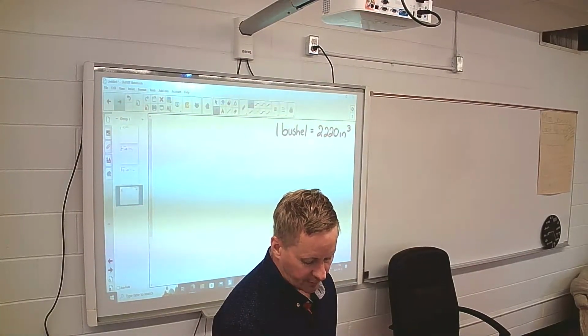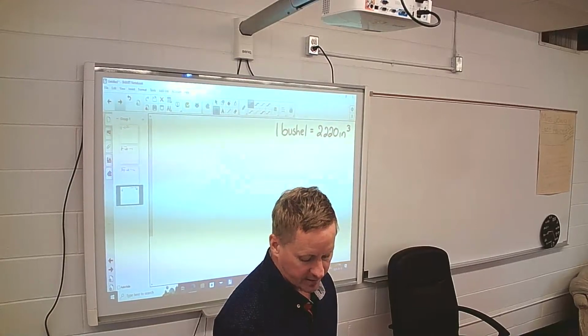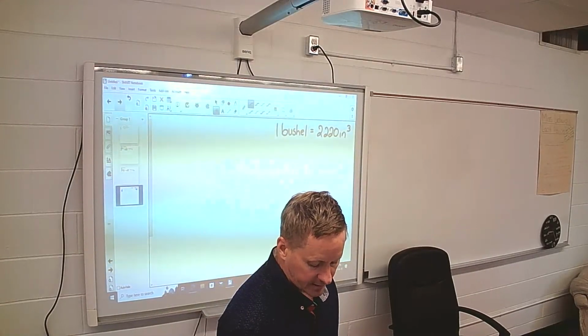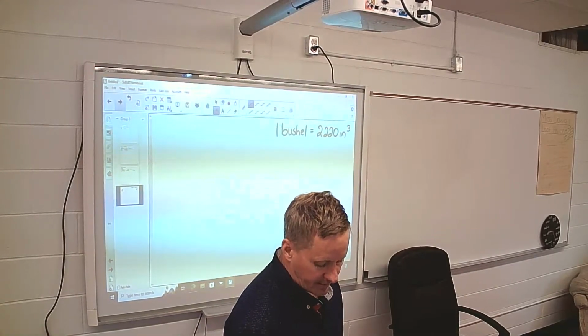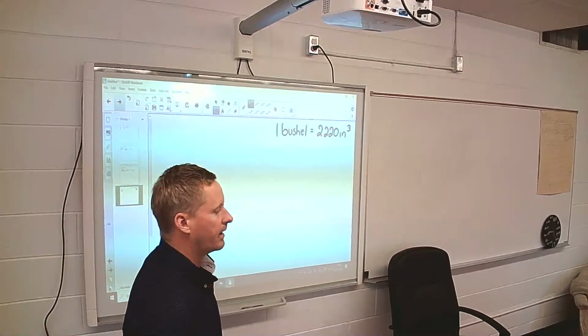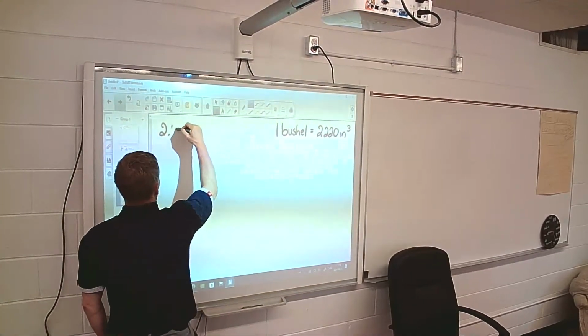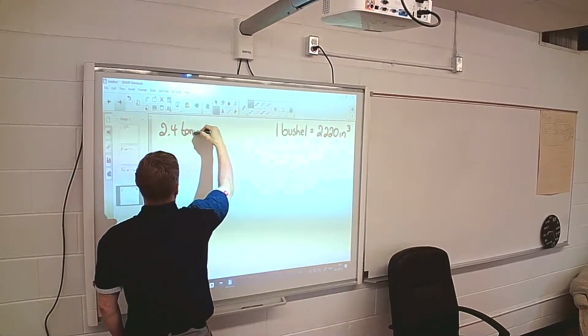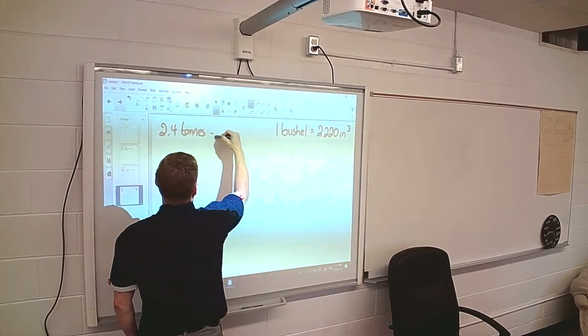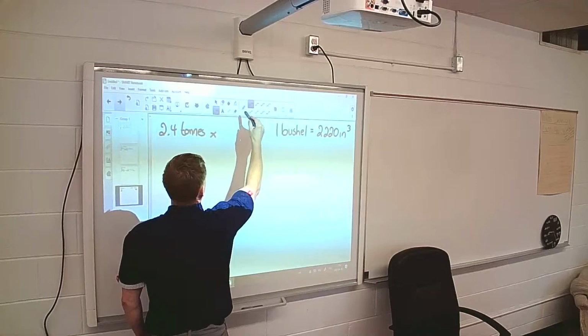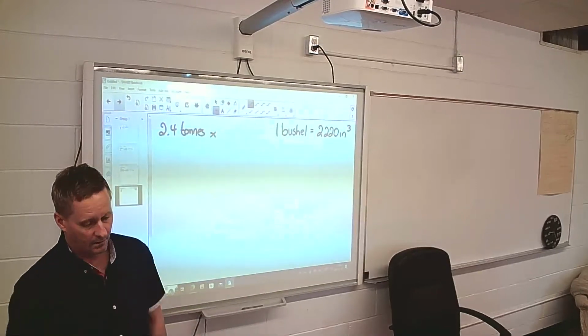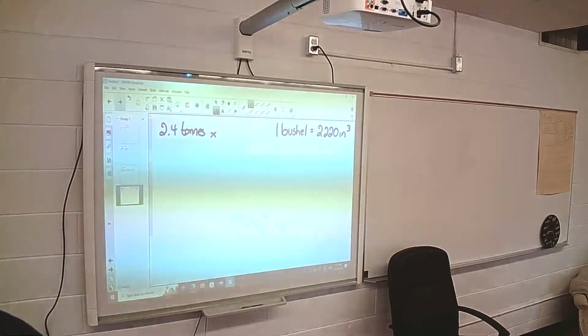How many bushels of flaxseed are there in 2.4 tons if the conversion factor is 39.368 bushels per ton? So we have 2.4 tons. Okay. Now, we're not asked this, but how many pounds is that?